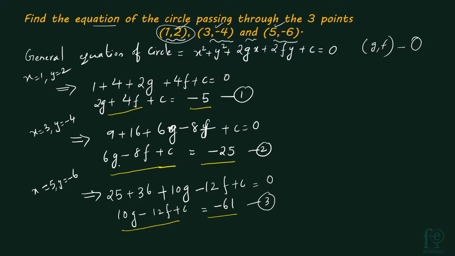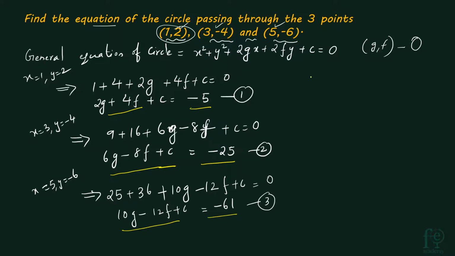So you get an equation exclusively in g and f. Similarly, substitute the value of c in equation 3 also. So you get two equations in two variables, which you can solve to find the values of g and f. Then substitute g and f in the equation for c and you get c also. Anyway, it is a time-consuming method, so we are going to do this in a second method.